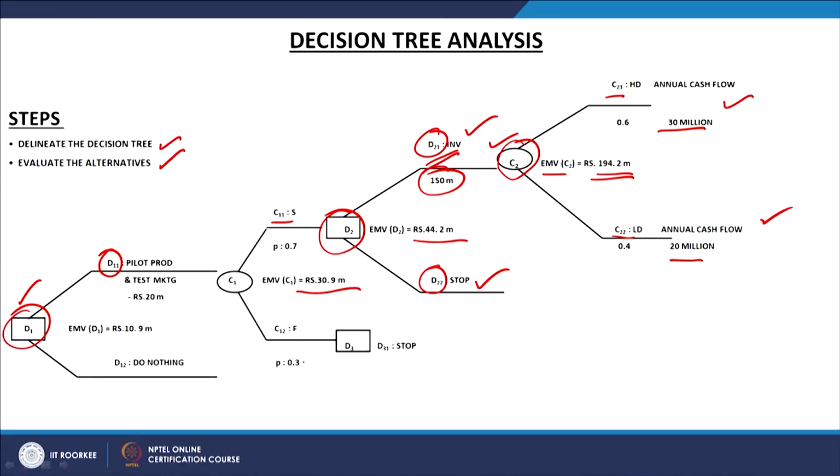But if the outcome is not C11, that is C12, which has 30% chances of failure, while 70% chances are of success, then the decision is not to go ahead. If C11 is the outcome, then make the investment of 150 millions, go for the commercial production, and this project is viable.